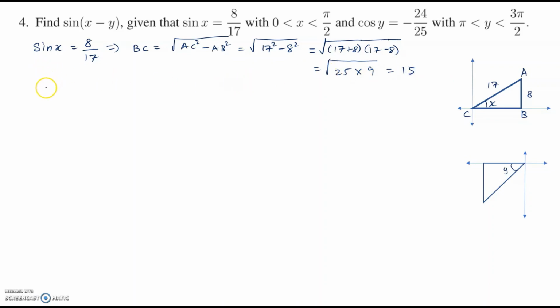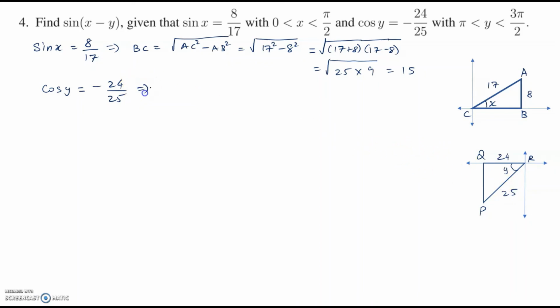Similarly, we have our cos y equal to minus 24 by 25. Now, let's define this as our right angle triangle P, Q and R, and cos y is minus 24 by 25, so the adjacent side is 24 and the hypotenuse is 25.